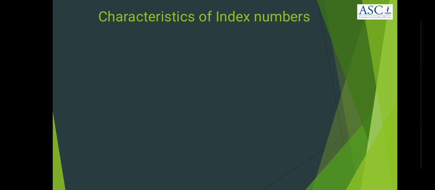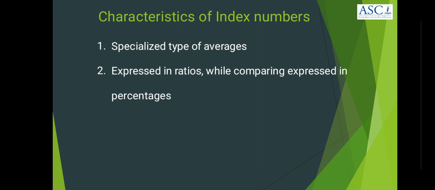Now, we are starting with characteristics of index numbers. Here they are. The first one, index numbers are specialized type of averages. Second, index numbers are expressed in ratios, but while comparing they are expressed in percentage.